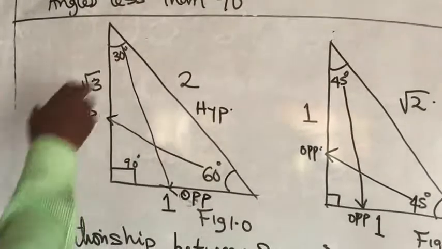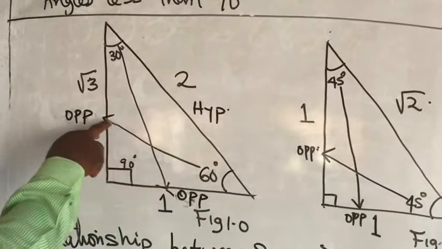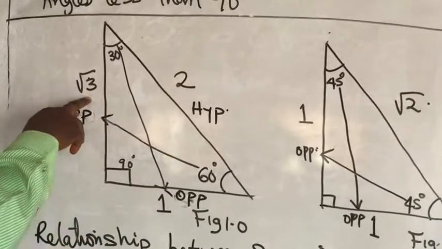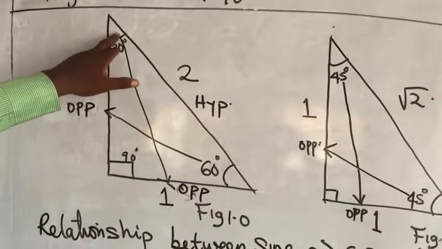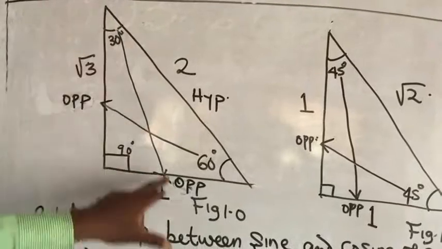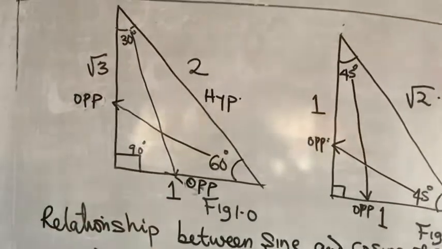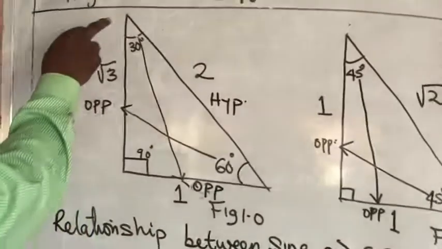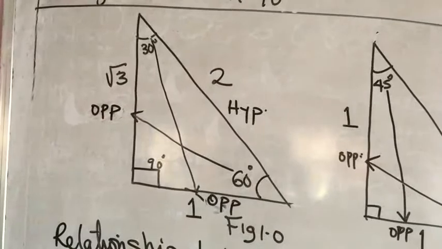Now if you look at this triangle, for angle 60, I use an arrow to point the opposite. You can see the opposite stands as square root 3. But when we look at angle 30, the opposite that is facing it, you can see the angle 30 is attracting what? 1. Of course, the other side that is sliding, the longest side, is called the hypotenuse.